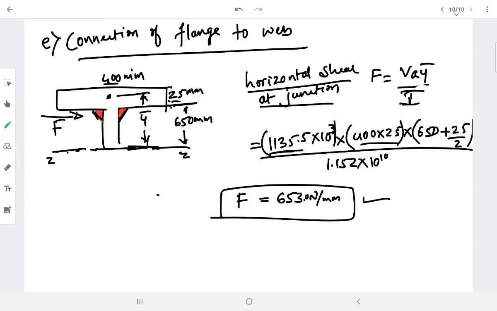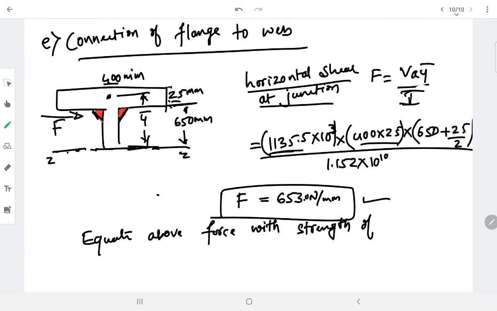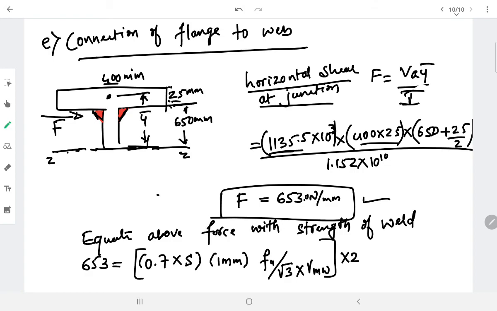Afterwards, equate the above force with the strength of the weld. So 653 is the force, equal to 0.7 into S, the size of the weld, into length of 1 mm, into FU, which can be taken as 410, divided by gamma MW, the factor of safety for the welding material, taken as 1.25.